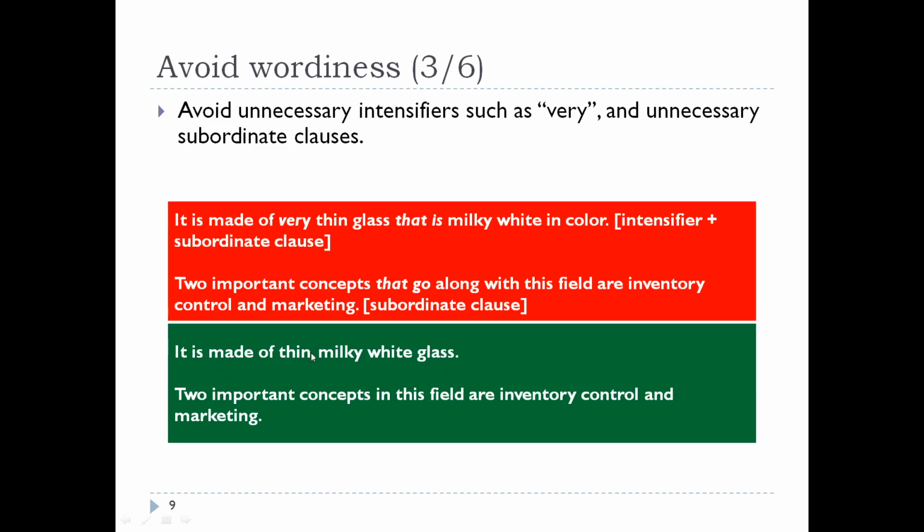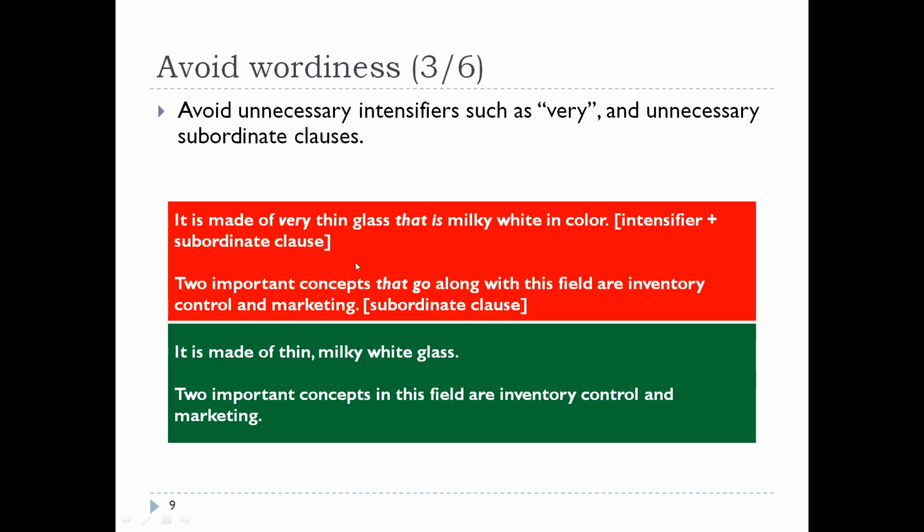If we put it this way, we get rid of the unnecessary intensifier "very", and we get rid of the unnecessary subordinate clause, the relationship between these two clauses. So it is made of thin milky white glass. That is how you should put it. It makes it less wordy and much clearer.